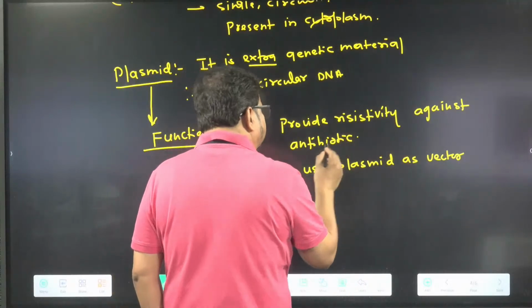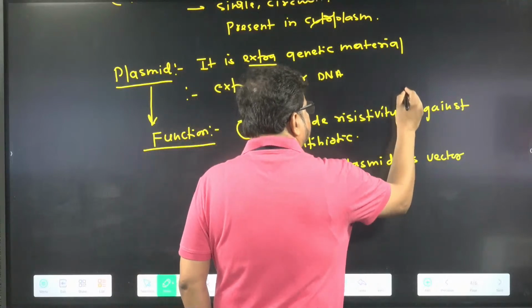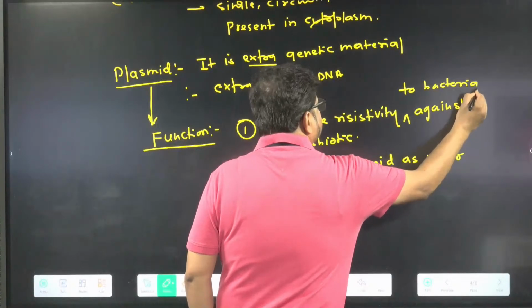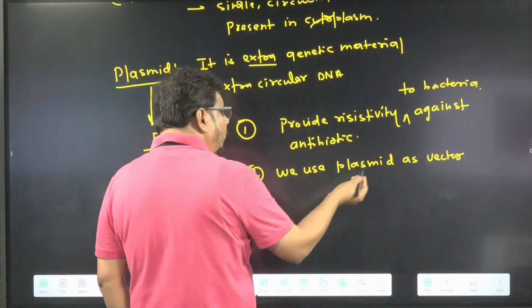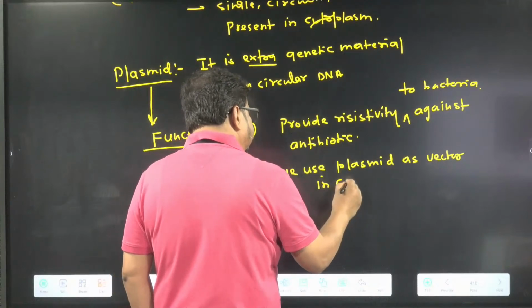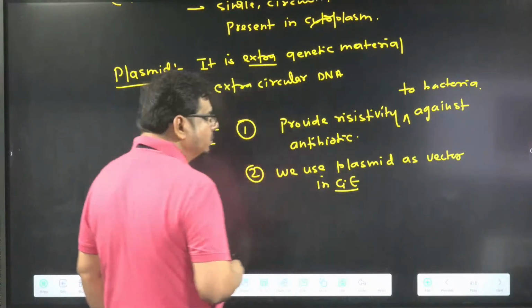It provides resistivity to whom? Resistivity to bacteria against antibiotic. Don't confuse. So we use plasmid as vector in genetic engineering, GE, I wrote in short.